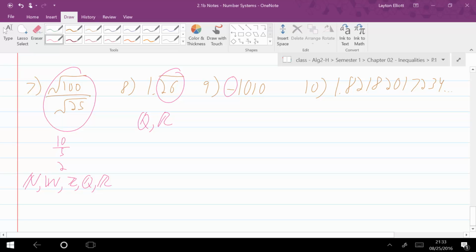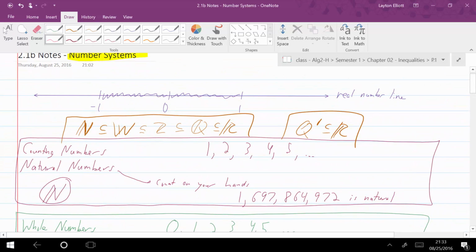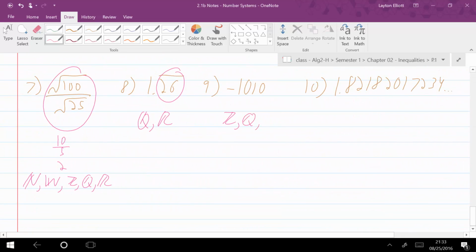It's a negative number, which means it's not natural, it's not whole, but it is an integer. Since it's an integer, if I look back up at the flow chart, integer to Q to R. It's an integer, a rational number, and a real number. And finally, this thing has no discernible pattern. It would have to be irrational, but it also means it's a real number.